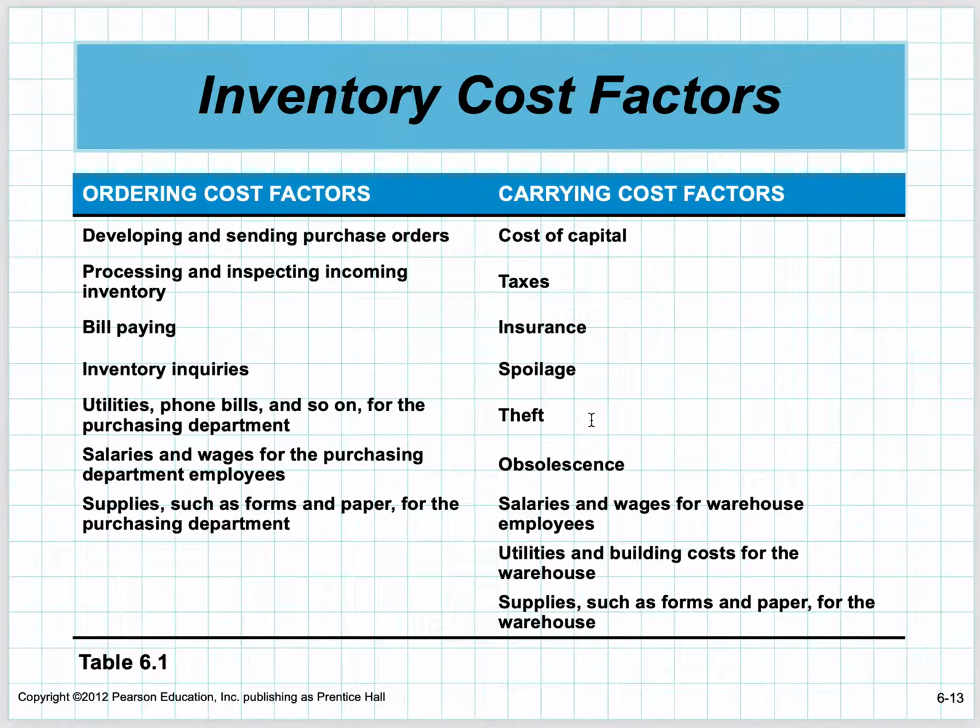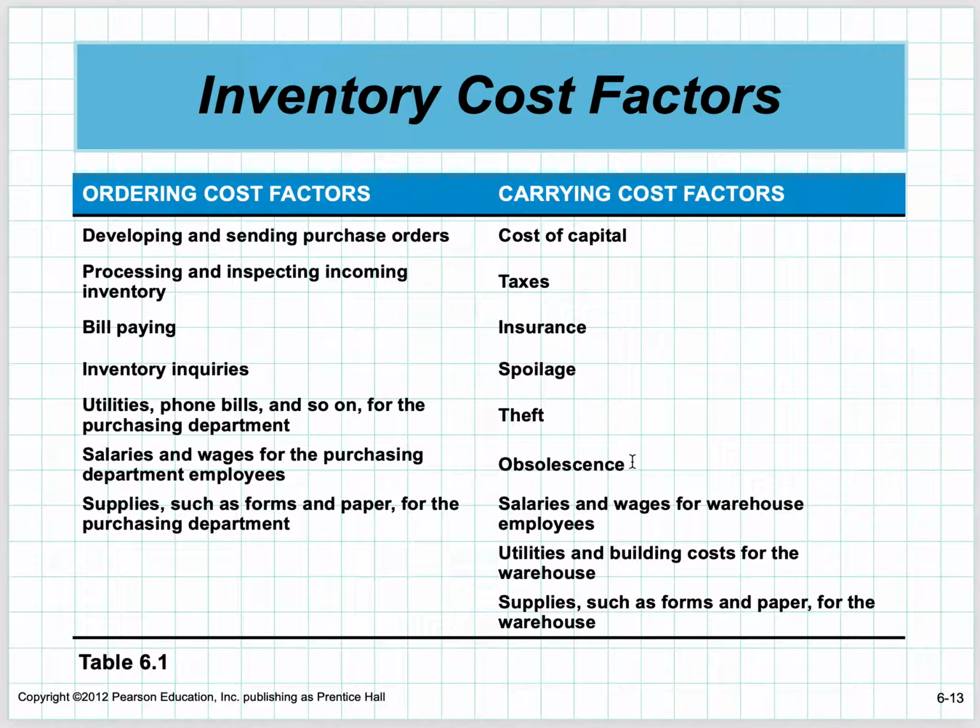Theft is part of it. The other part of shrinkage is, we're not sure where we put it. We know we have it, but we can't find it. If you have a warehouse the size of a football field, that can easily be done, even though with modern warehouse management systems and ERP systems, it happens less and less. If you build too much product, store too much product, and it becomes obsolete, it's past its sell-by date.